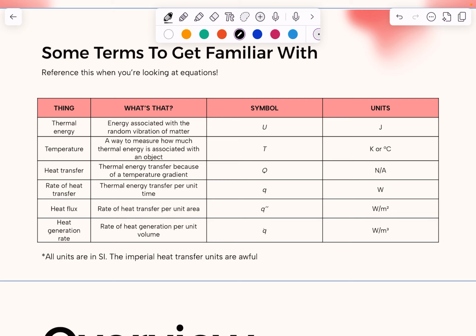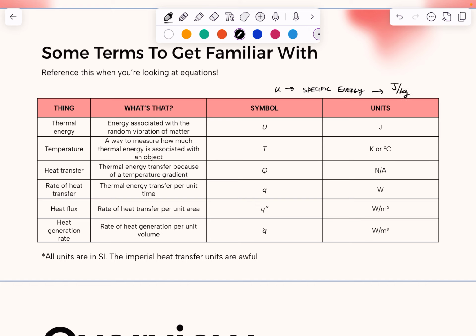As a hint, most of the time when you're talking about something like small u or anything that is lowercase, that usually means that it's a specific property. So if you see lowercase u, that means it's a specific energy, and specific means usually mass specific. So it would have the units of joules per kilogram.